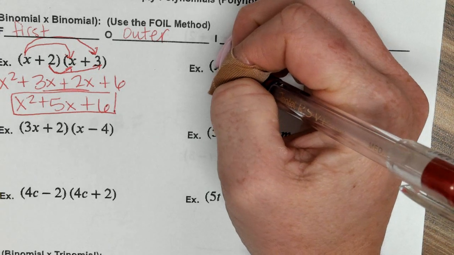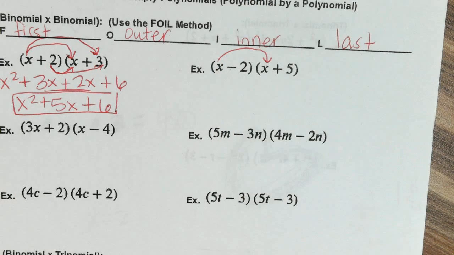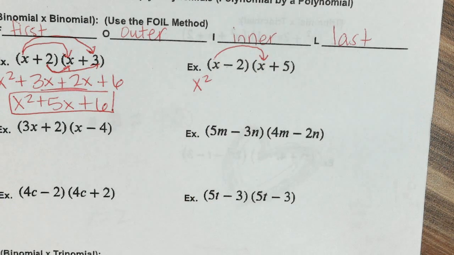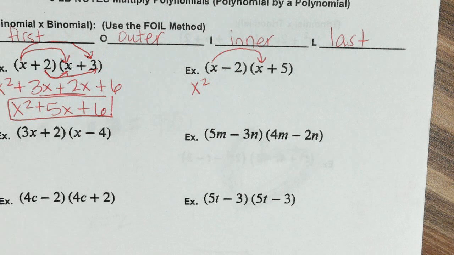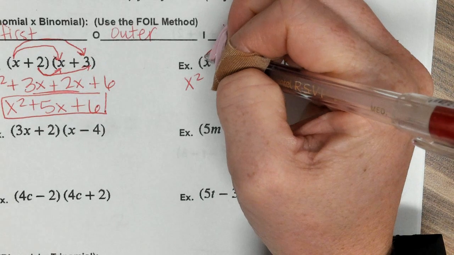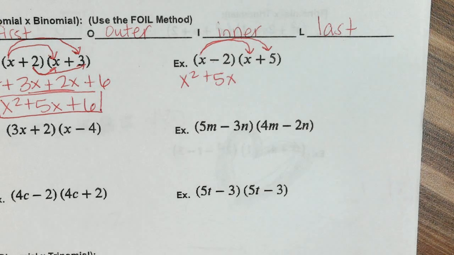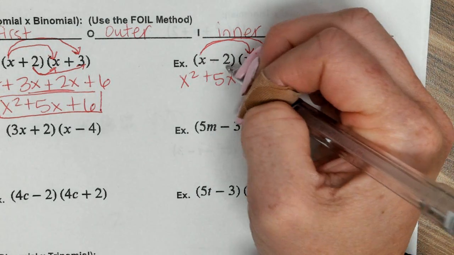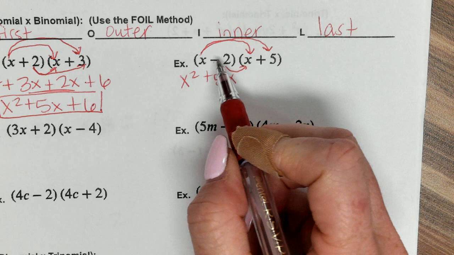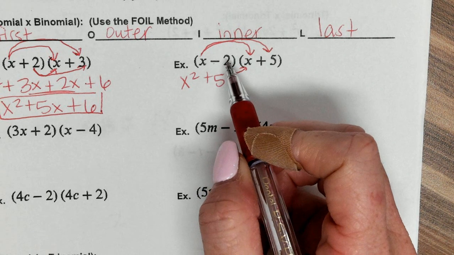All right, first, positive x times positive x, x squared. Outer, your two outer terms, positive x times 5, 5x. Inner. Now, this is where this comes into play. What value does this 2 have?